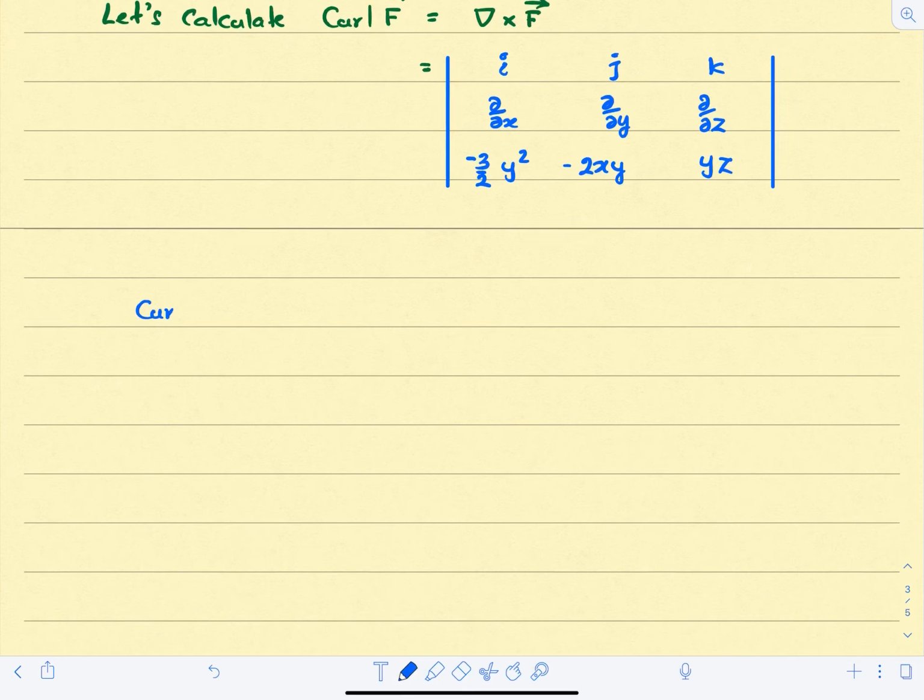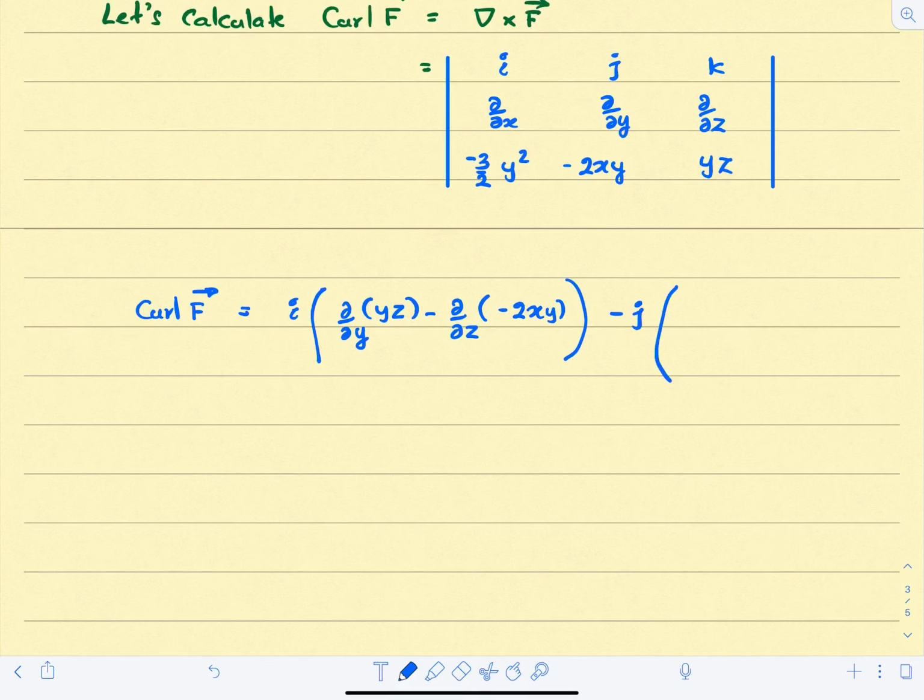Curl of F equals i times partial over partial y of yz minus partial over partial z of negative 2xy. That's the first component. And then we have minus j times partial over partial x of yz minus partial over partial z of negative 3/2 y squared.